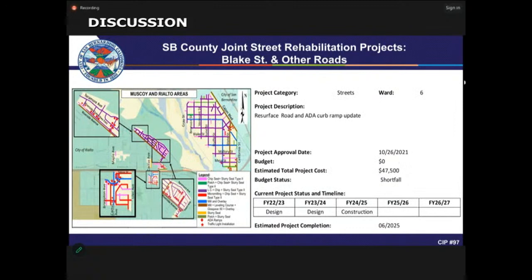The next one is Blake Street and other roads. Similarly, it's resurfacing roads and ADA curb ramp updates. The total project cost estimate is about $47,000. The project status is about 35% design, and construction completion is in June 2025.